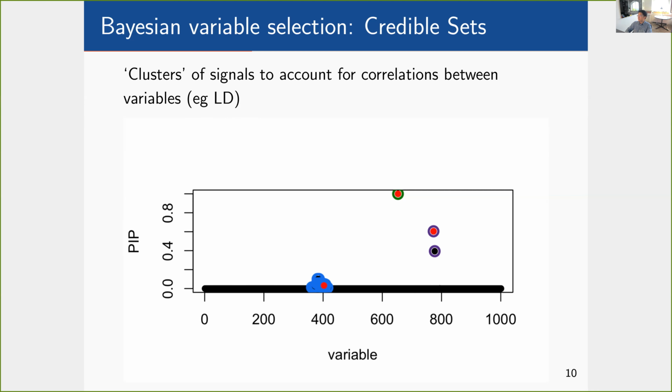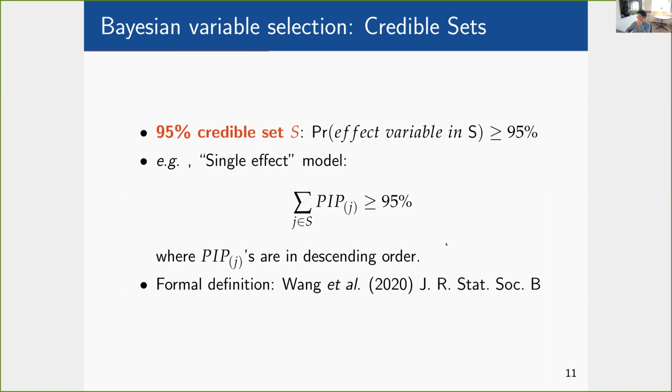So this can be visualized as you've got a putative causal signal there, but it exists with a bunch of others, and they form into these signal clusters. The formal definition of this can be found in our paper. I think since then some other tools are also starting to adopt this definition.